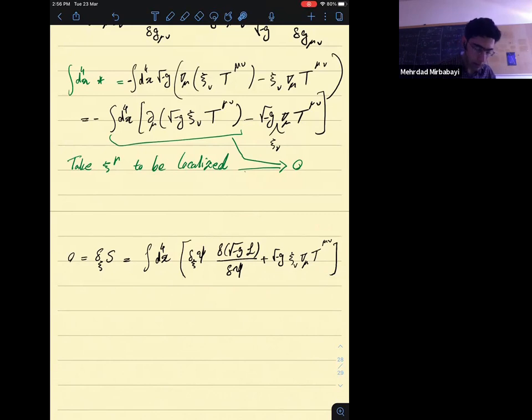Now, let us imagine that the matter fields are on shell. If the matter fields are on shell, then this term will vanish, because this is just the normal variation of the action with respect to the matter fields. And we know that the variation of the action with respect to matter fields gives matter equations of motion. So if the matter equations of motion are satisfied, which is the definition of being on shell, then this first term vanishes.